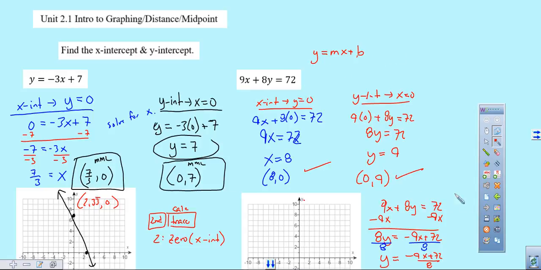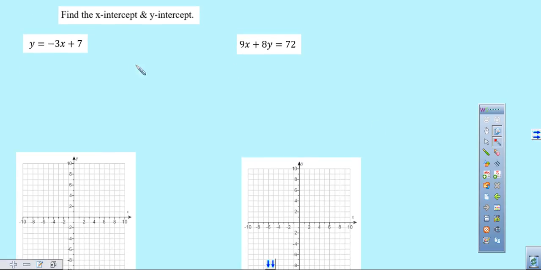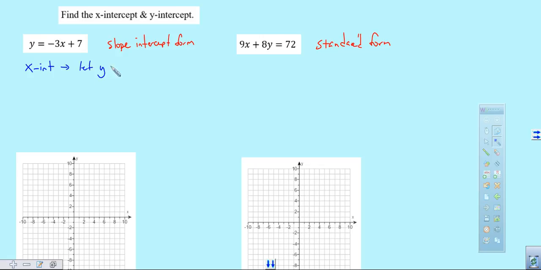So how does this correlate? Well, one of the quickest ways for us to graph things is to find the intercepts. Obviously there's slope-intercept form that you can do, but whether I'm in slope-intercept form or whether I'm in standard form, if I wanted to graph using my intercepts, I would say I want my x-intercept. So I'm going to let y be equal to 0.